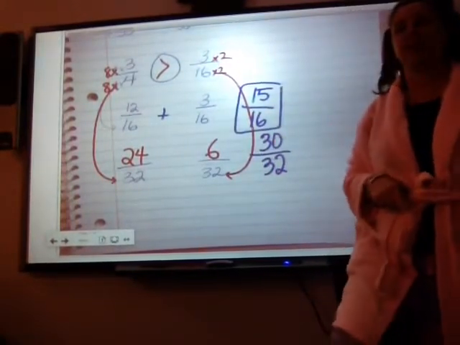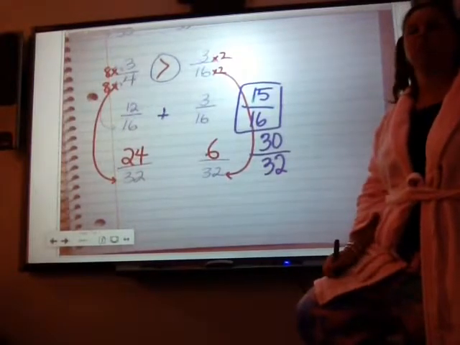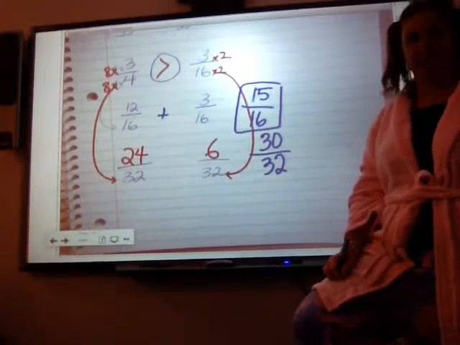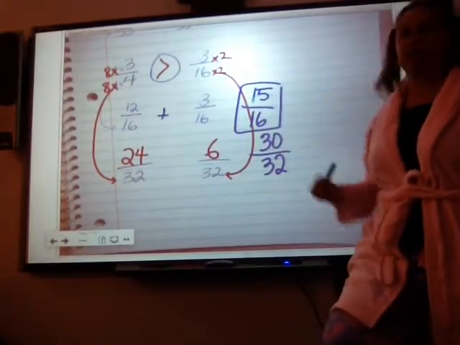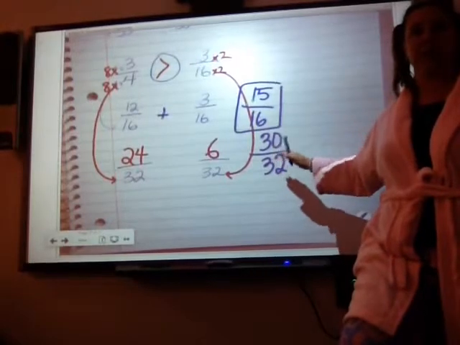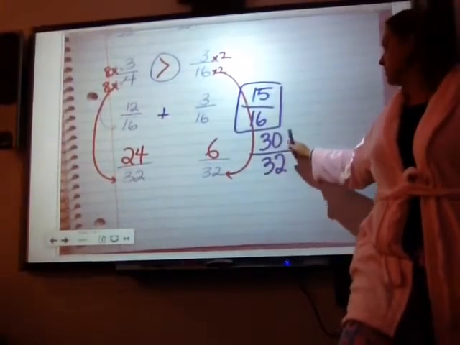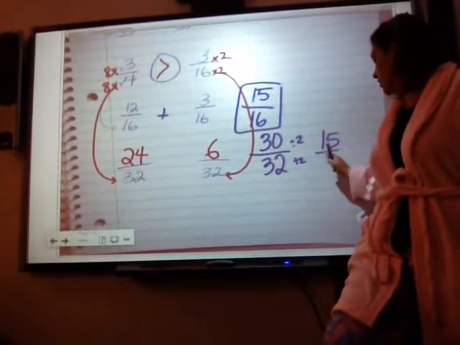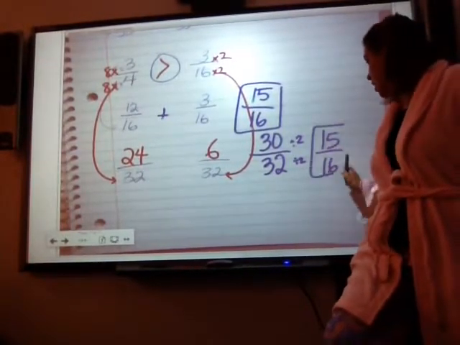What rule is that? Jaden? The one away. Or what's that fancy word we use for one away? Consecutive. Good job. So this is consecutive. Now, is this wrong? Can I still simplify this answer? It's even, so they're both still divisible by 2. Therefore, that gets me the 15 16th.